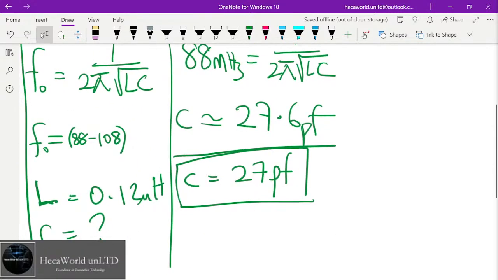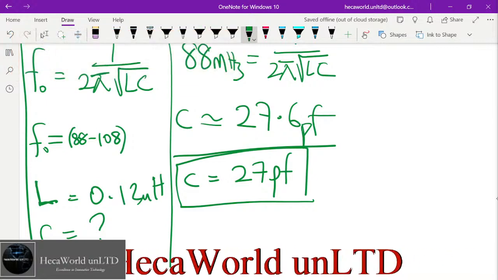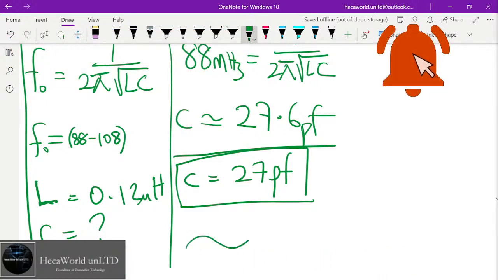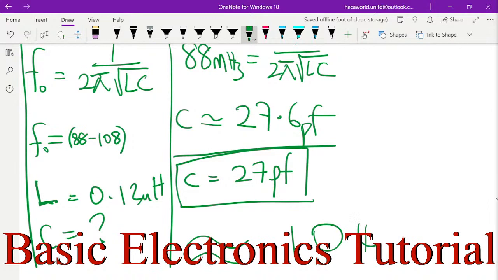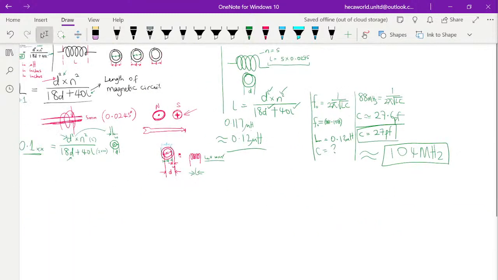And immediately after building this without any adjustment, with the value that we have from the inductor and the capacitor, including the tolerance, of course, of the capacitor, we were able to operate around approximately 104 megahertz without any adjustment. Just turning the transmitter on puts us around 104 megahertz. Then we played around with the coil a little bit to get us into the range that we want.